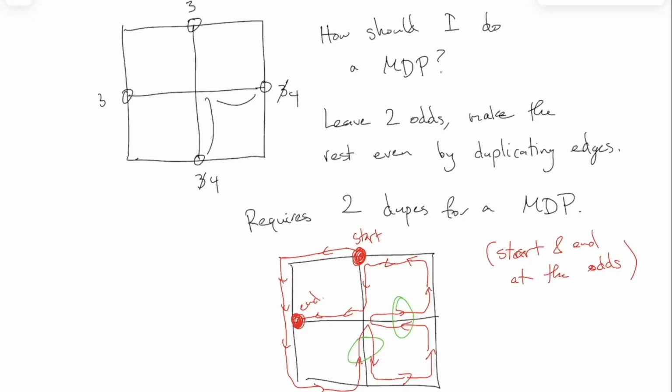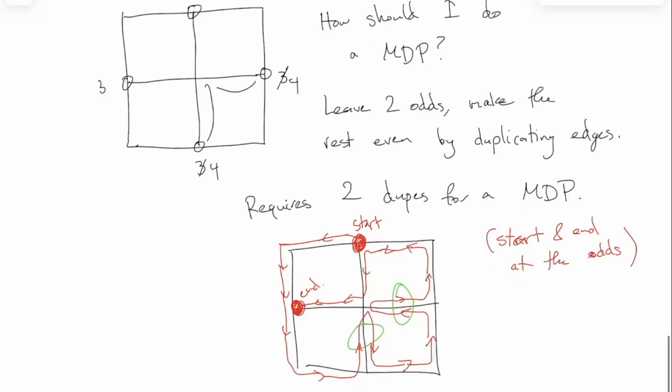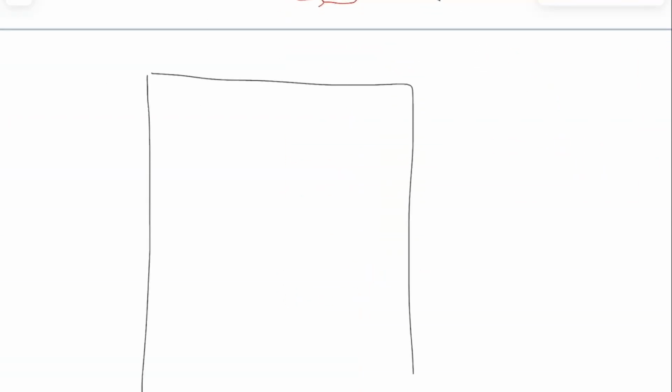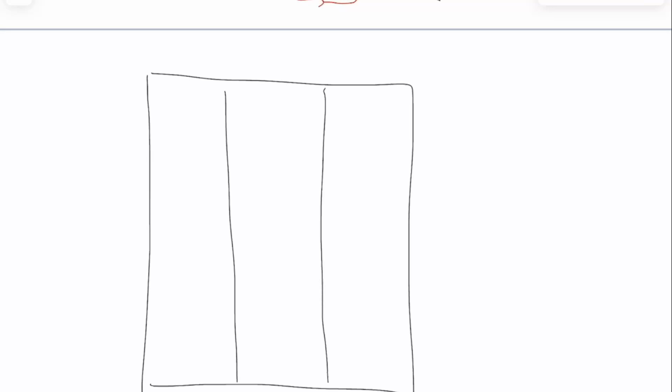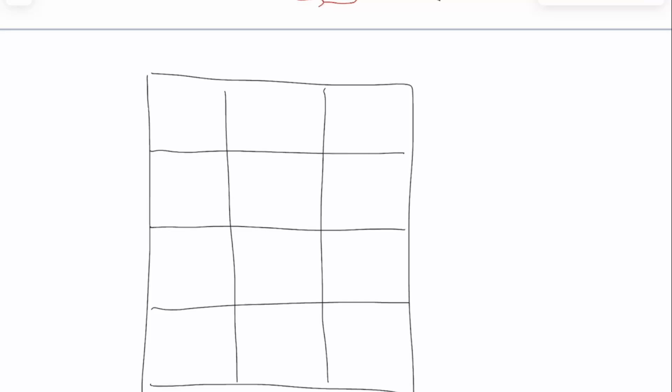Let's just look at one more big example. This is kind of a big grid type diagram. A little 4x3 kind of grid with a few bonus diagonals in this arrangement. All right.